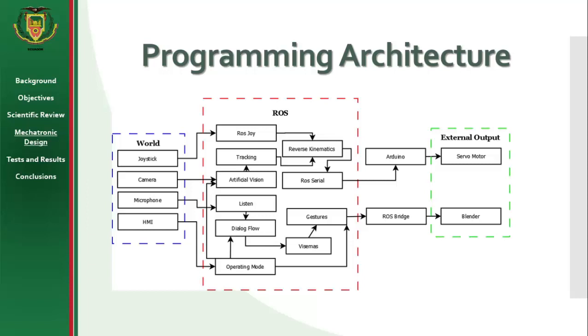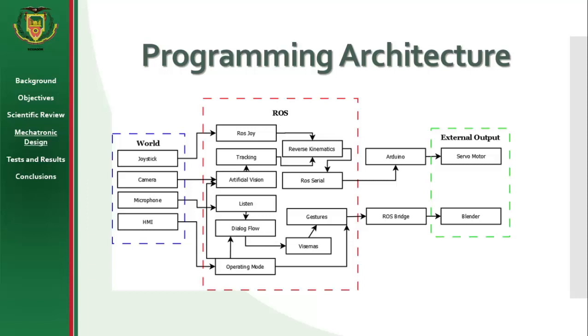ROS joy is a node that allows the interpretation of the actions carried out by the user on the command control, the joystick, to transform them later into movements that are sent to the inverse kinematics in the form of an array of triangles for each of the robot's degrees of freedom.